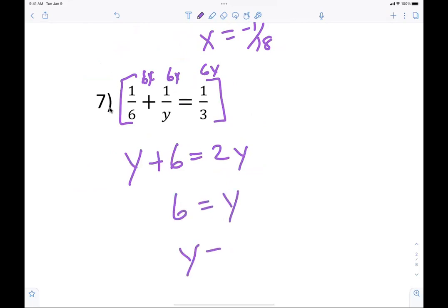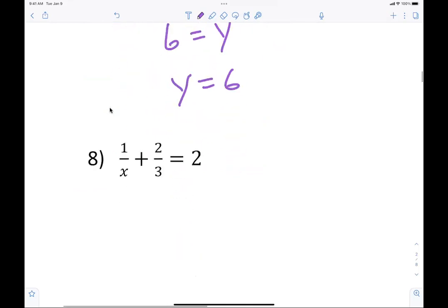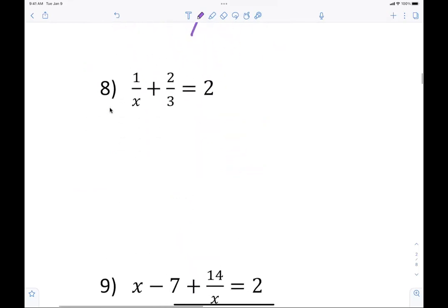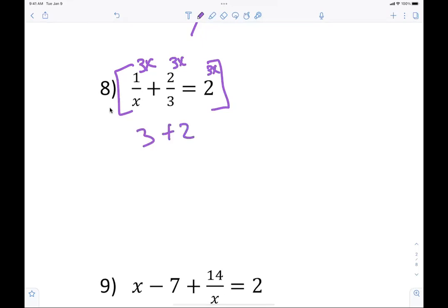So y equals 6. All right, let's take a look at number 8. Same kind of principle here, just multiplying each term by 3x, 3x, 3x. So end up with 3 plus 2x equals 6x, 3 equals 4x, x equals 3/4.